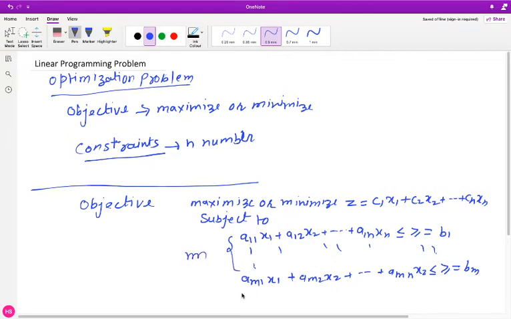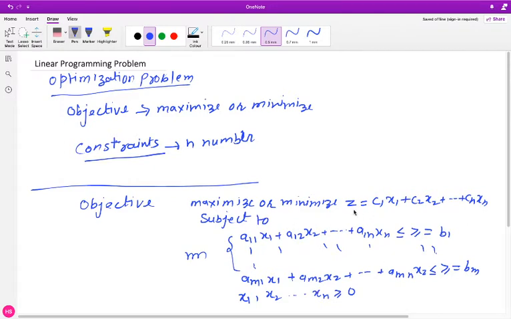Along with these m constraints, we are going to have some non-negativity constraints. The non-negativity constraints are x1, x2, dot dot xn greater than or equal to 0. So this is the general form of linear programming problem. Why is this linear?